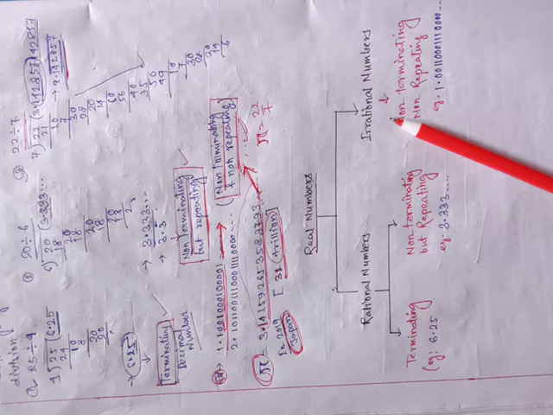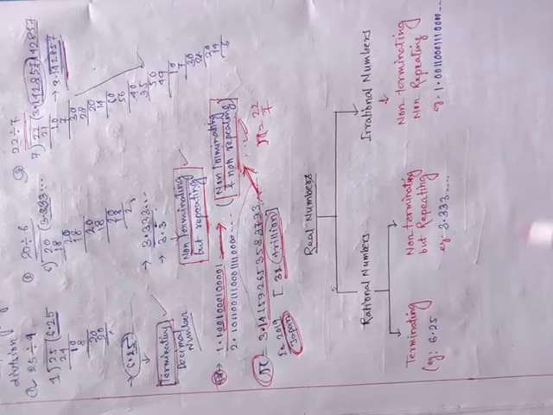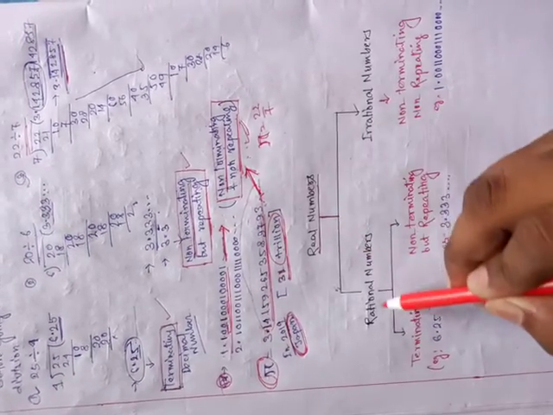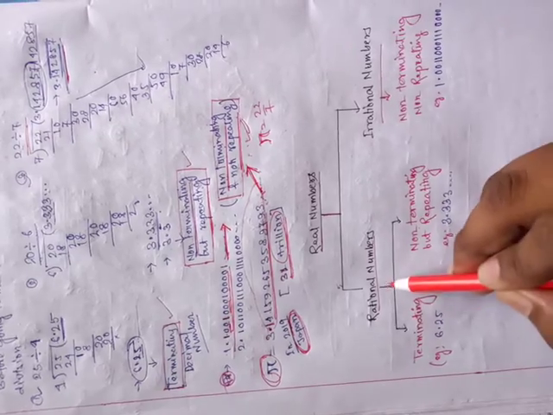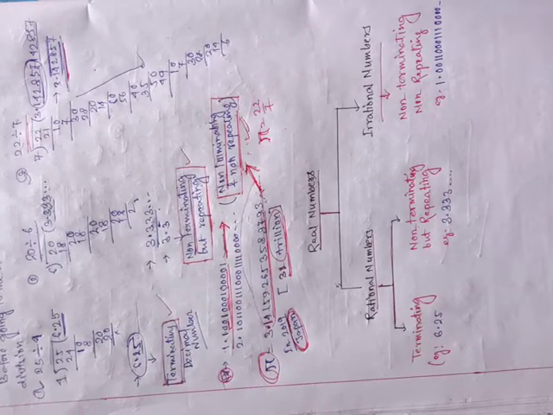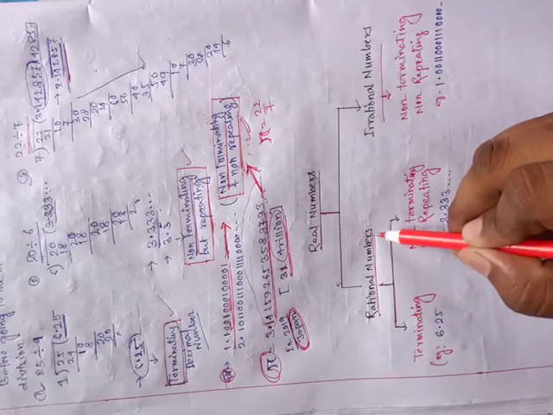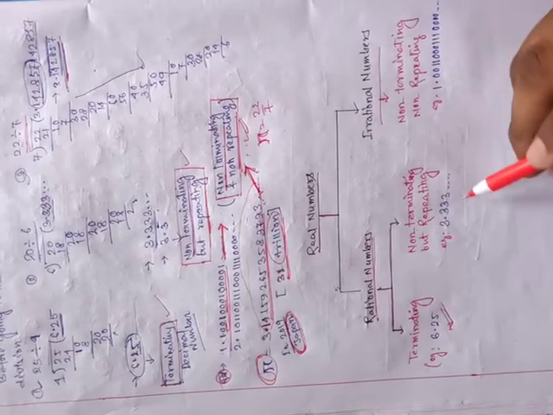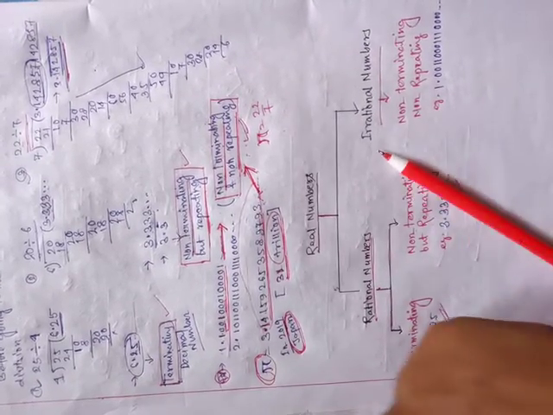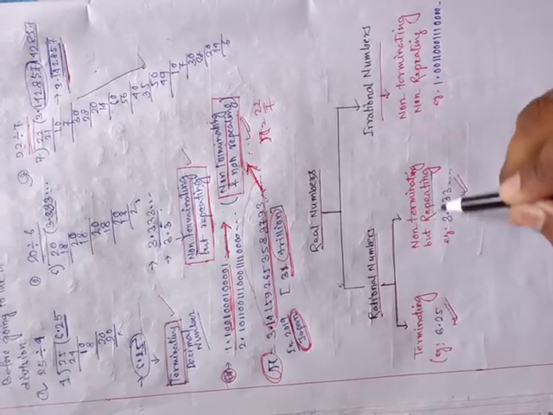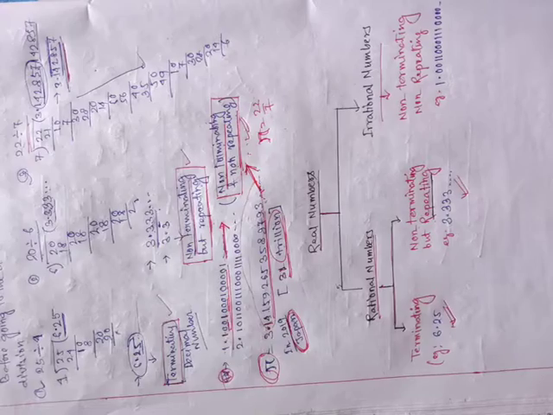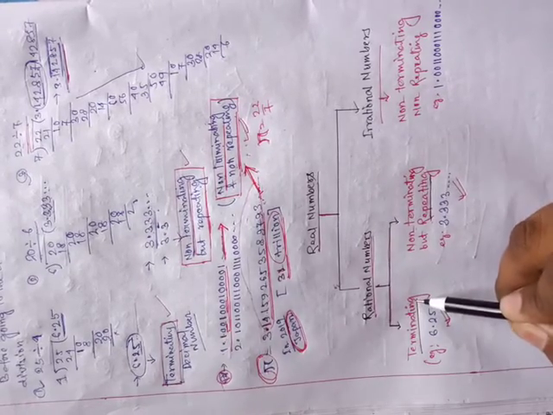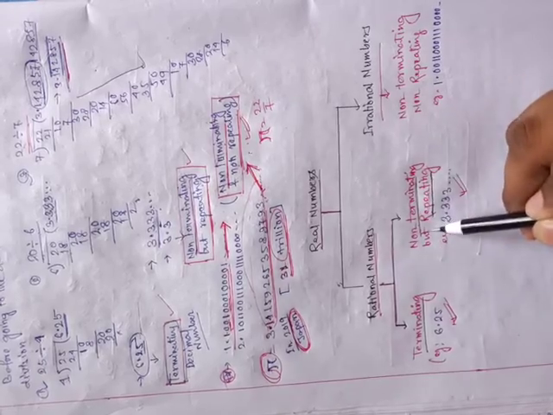A rational number has 2 types of decimal representation: one is terminating, or it may be non-terminating but repeating.